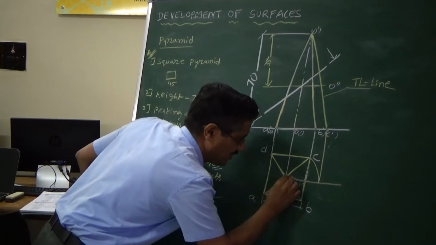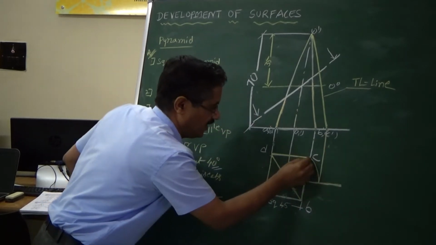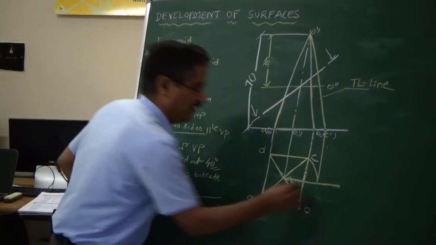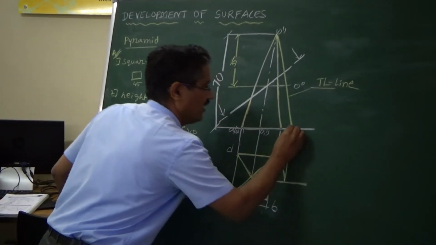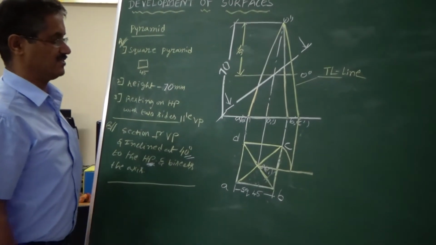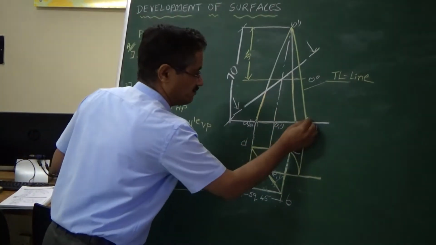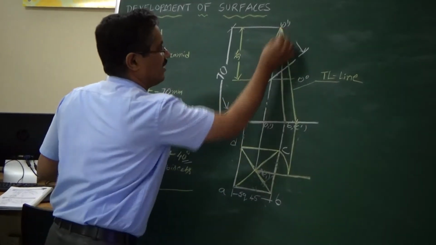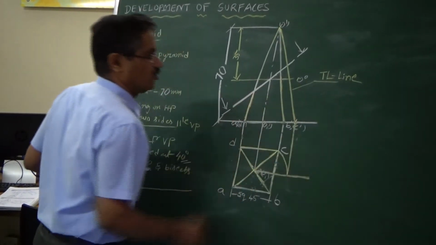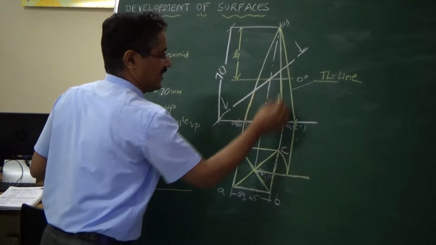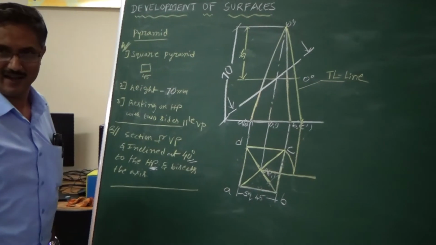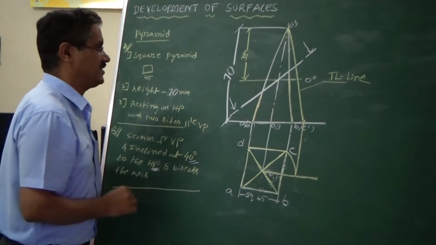What we do is now draw a horizontal line and take this as a distance and cut an arc to this horizontal line and take the vertical line from there to the XY line. So join this point to the apex point. So this is now referred to as your true length line. The true length line in this case will be a little bigger than this generator. Okay, so you have to measure that.